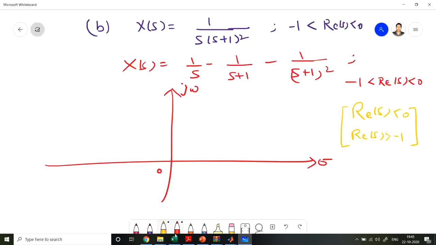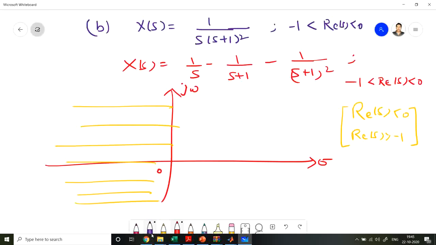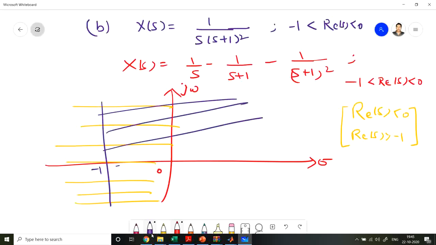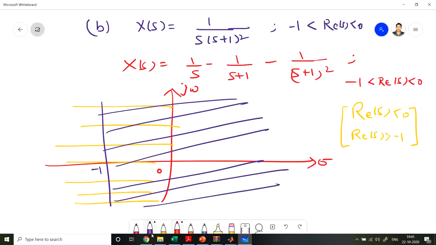Real part of s less than 0 means this ROC, and real part of s greater than minus 1 is here, where we have minus 1, and basically we are talking about this part. Now the signal with real part of s less than 0 means this is the ROC.